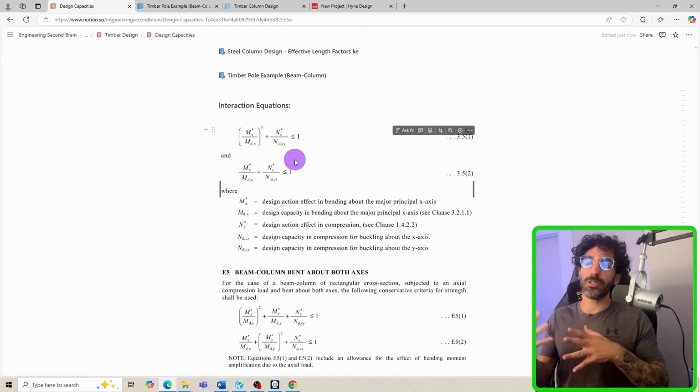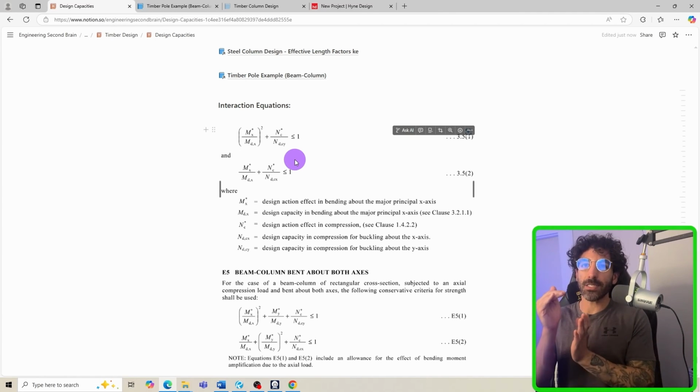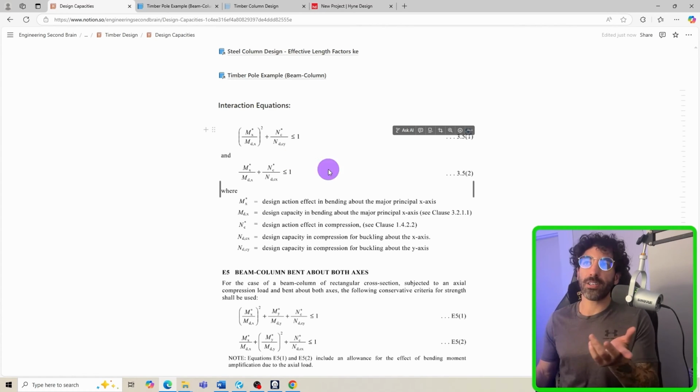So always when you design a member in combined bending and compression, if you did the first check, let's say for compression, and the capacity is really close to the design action, just go back and give it a buffer. Just make it a little bit stronger, because when you have to design for bending and then when you check combined actions, if you don't have a little bit of a buffer in there, it's not going to work here in the interaction equations.